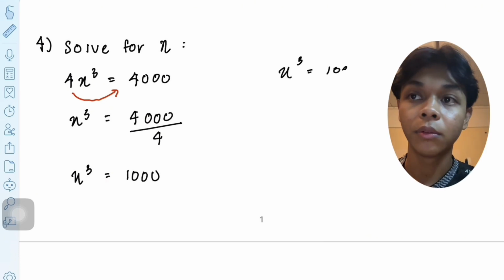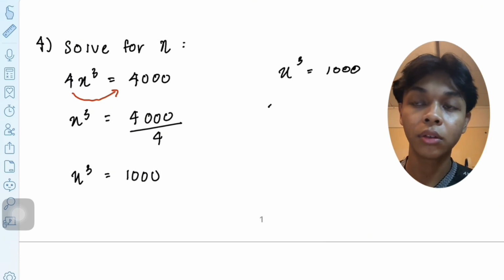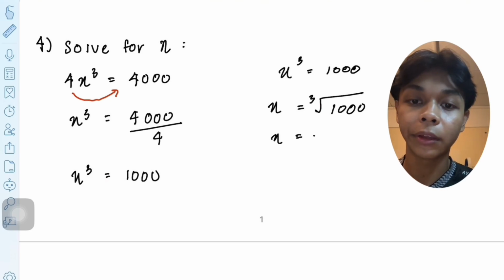Fourth step, we solve for x. So x cubed equals 1000. After we solve it, we get x equals 10.